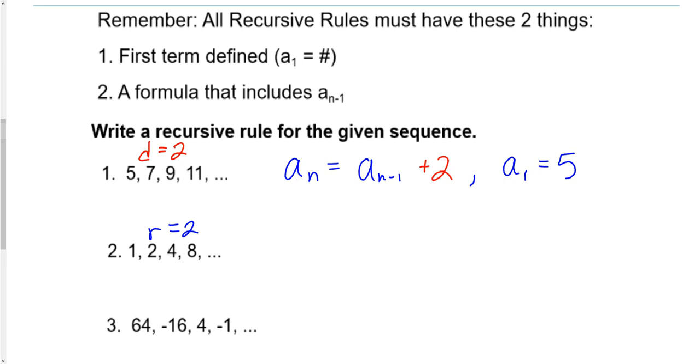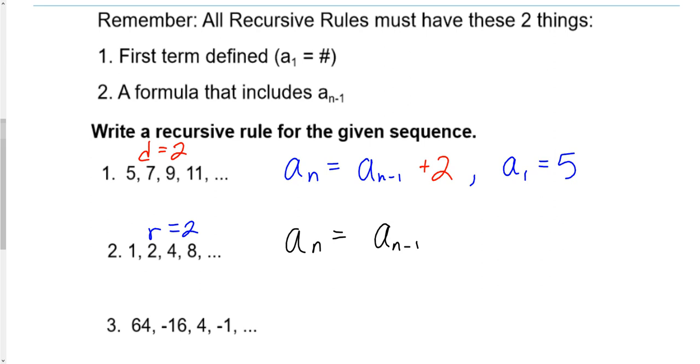Now, writing a recursive rule for a geometric is almost like this. It's going to start off with a sub n and then a sub n minus 1 on the other side. The only thing that's different is we don't put the r out here at the end, because that's where it goes if it's arithmetic.